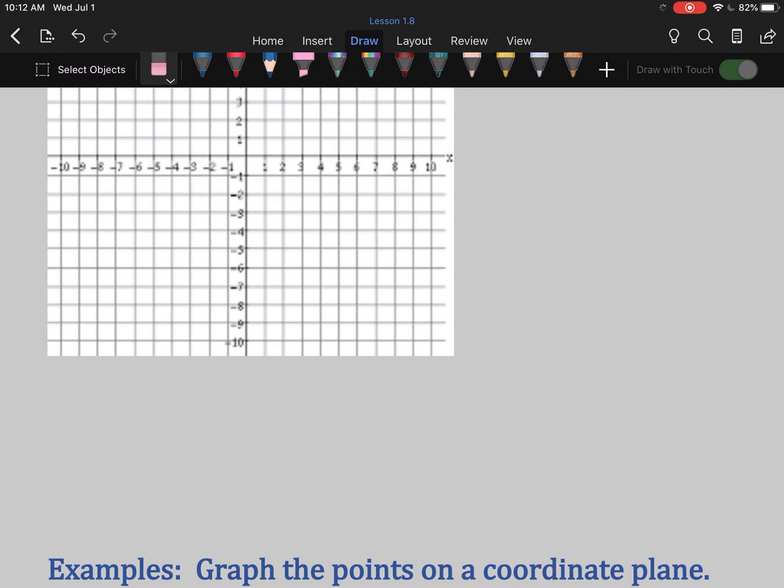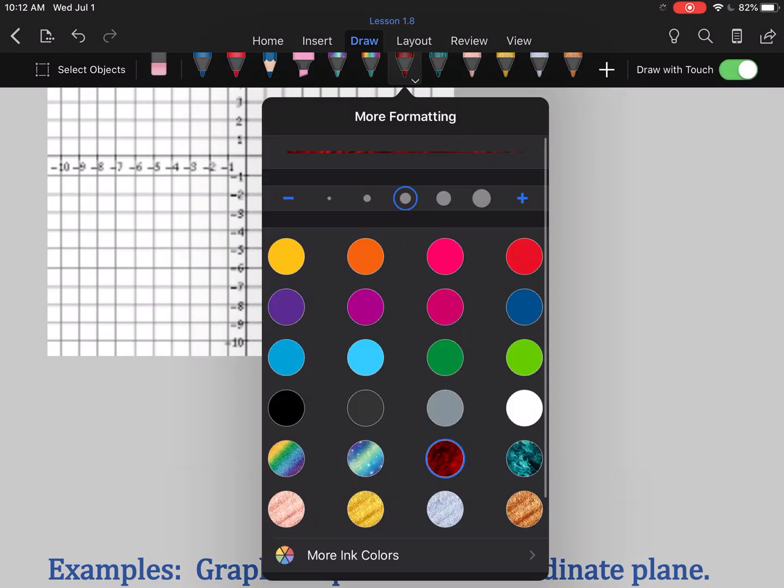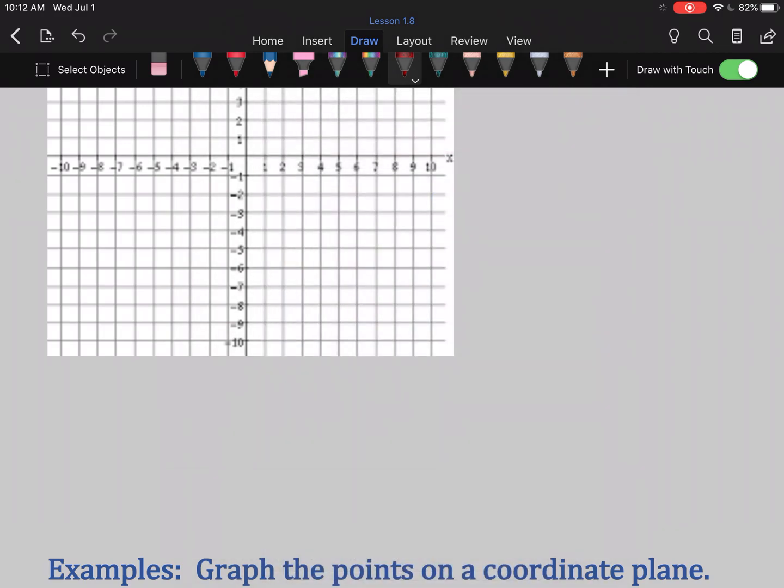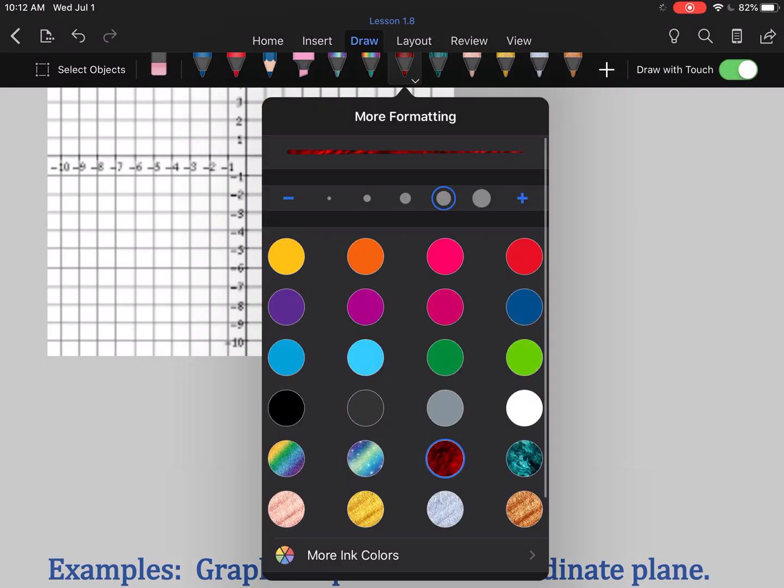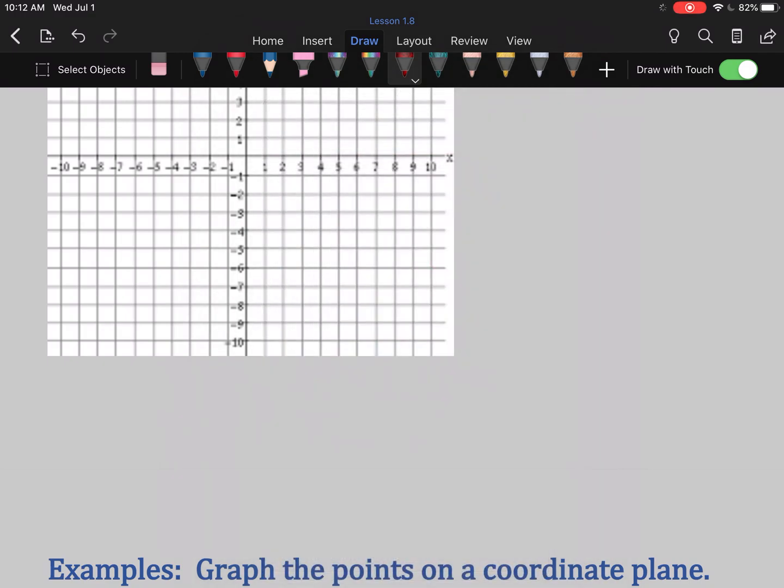Which one of you? Is it you? It's going to be you. The origin is at 0, 0, which is roughly there. That's not actually the best job. I'm drawing on an iPad. It actually can be very difficult to get these perfect, but the origin is roughly there.